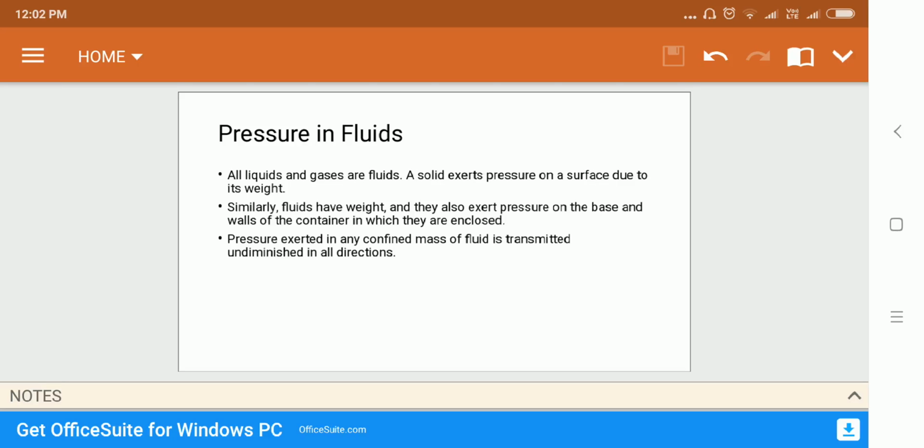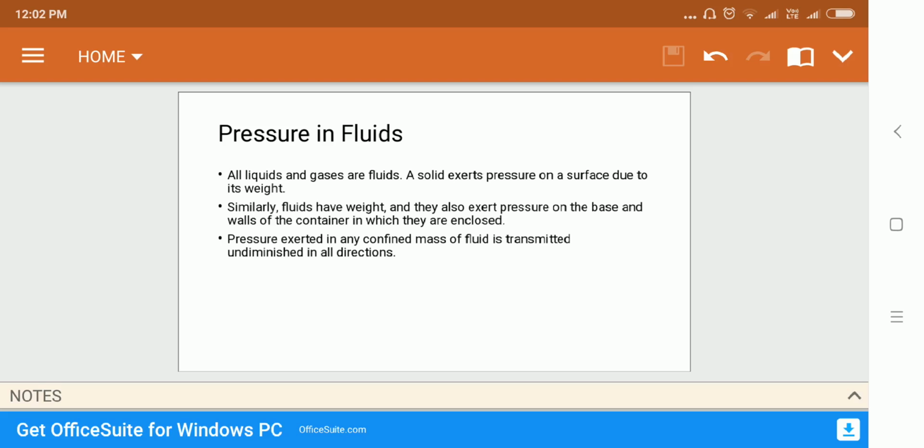Fluids, ultimately liquids and gases, we can store in some container, or they can flow over a surface. So that exerts a force onto the base and walls of the container, or onto the surface by which it is enclosed.